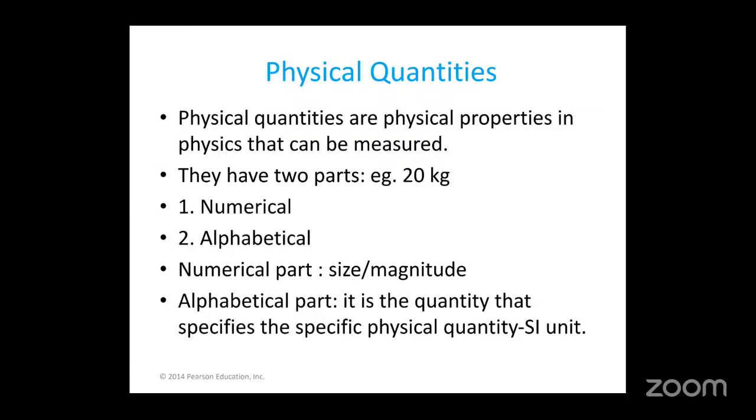But if I write just 20, it is just a number, and it will just tell you the size, the magnitude, the amount, but it will not tell you which quantity was measured. So 20 is just a number. That is why in physics, units are very important, because it's the unit that will tell us which physical quantity was measured. So unit is very, very important.